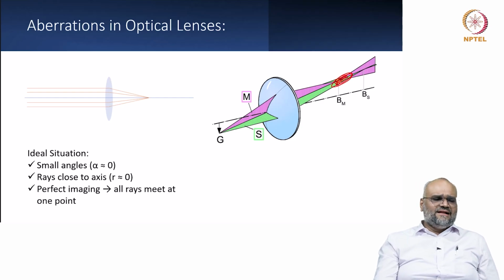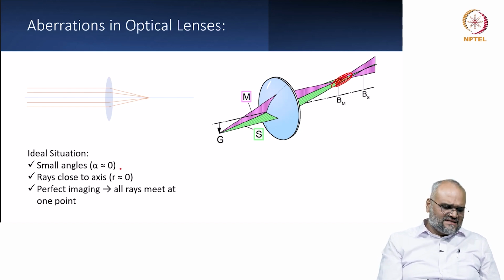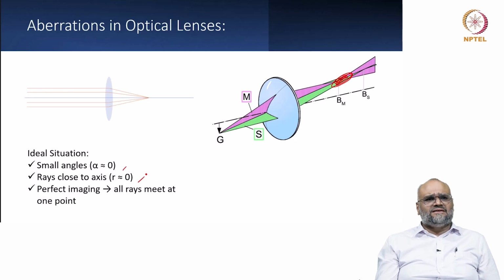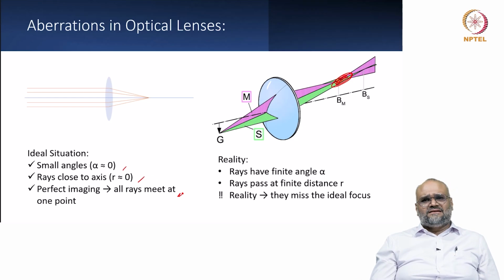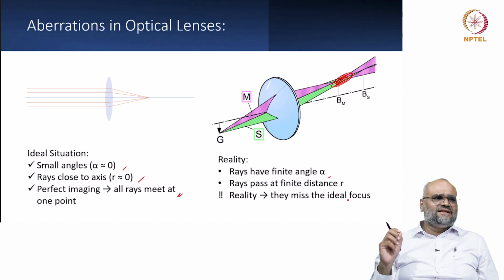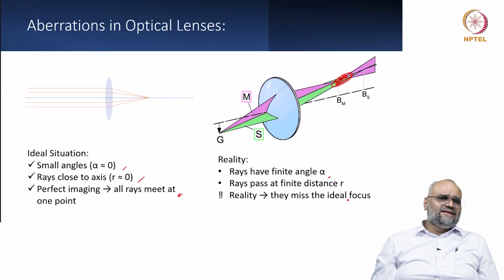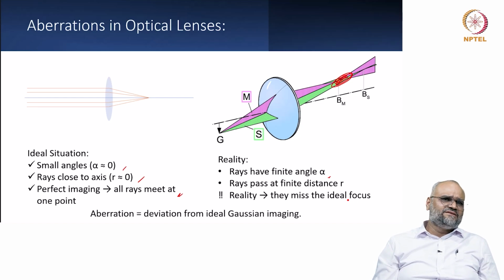And in an ideal situation, when you have a paraxial approximation, the angles are really small, the rays are close to the axis, so you do not have a radial component, and it is a perfect imaging condition. But in reality, the rays have a finite angle and they do not converge at a single point, and there is a deviation from the ideal Gaussian imaging, and you call this an aberration.